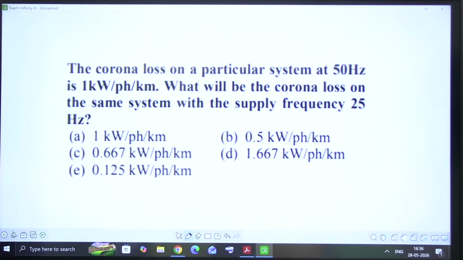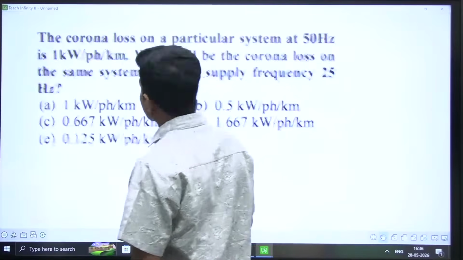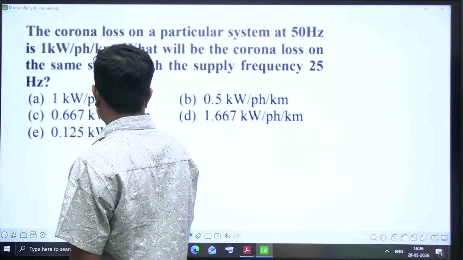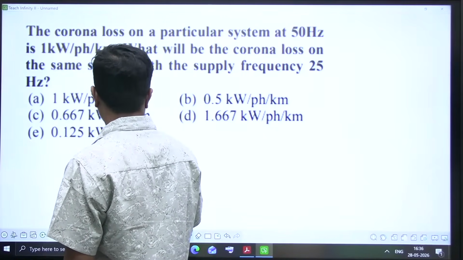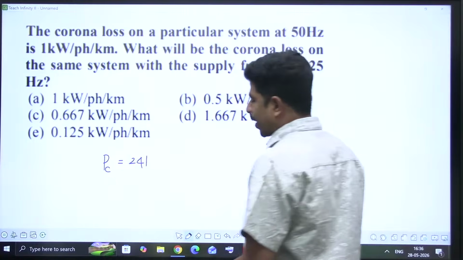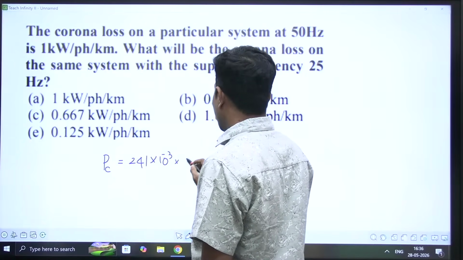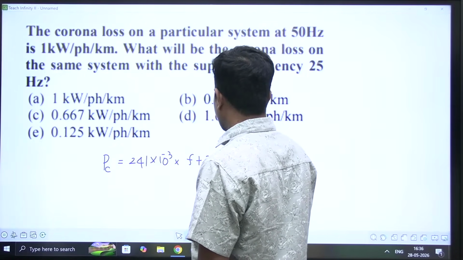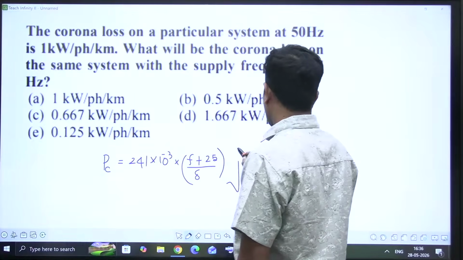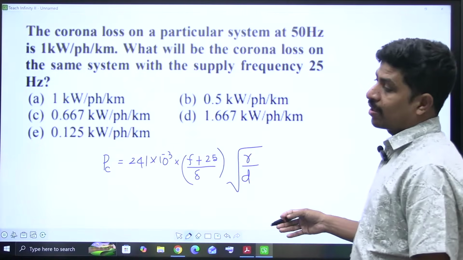Let me write the formula for corona loss, and let me explain each and every term in that. Corona loss is equal to 241, some textbooks give 242.5, but let's take it into 10 to the power of minus 3 into (f plus 25) divided by delta, under root of r by d, where f is the present frequency, r is the radius of the conductor, and d is the distance between the conductors, not the diameter.